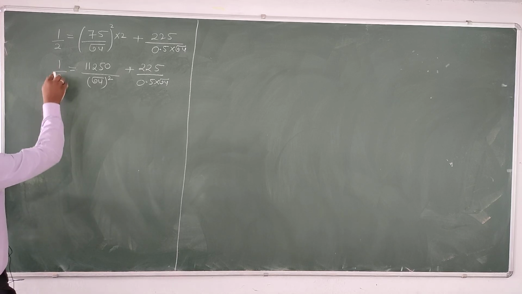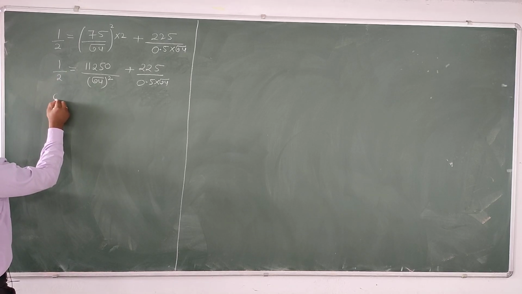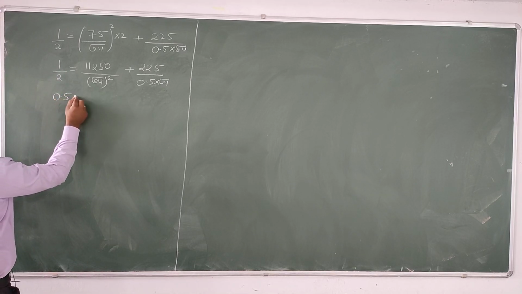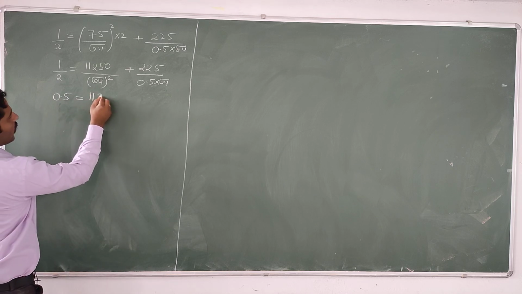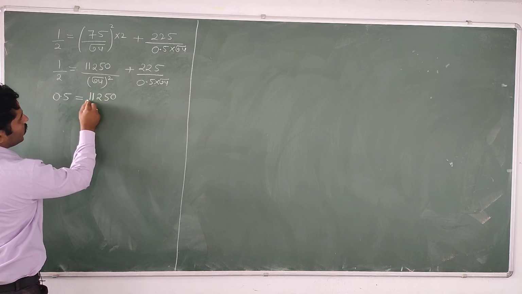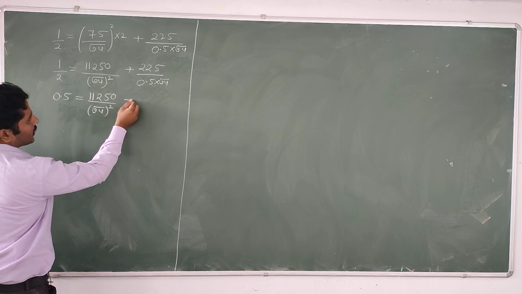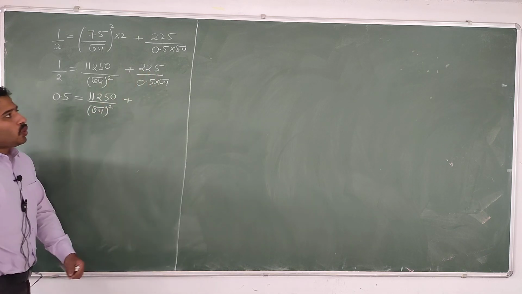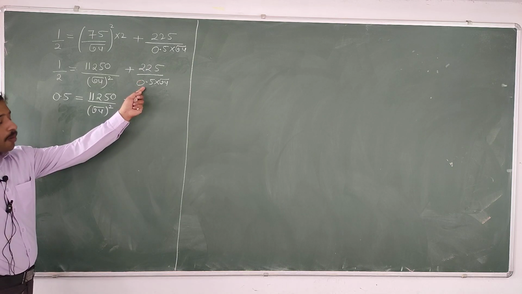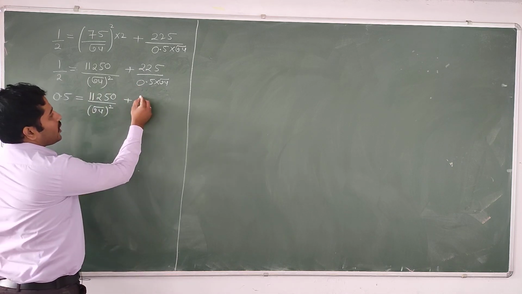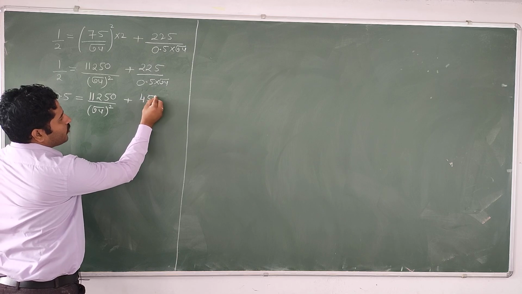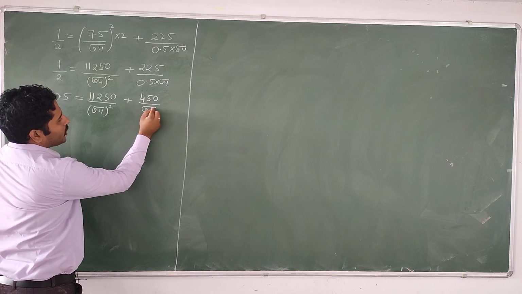Then 1 by 2, nothing but 0.5, equal to 11250 by sigma u whole square, plus 225 divided by 0.5 gives 450 by sigma u.